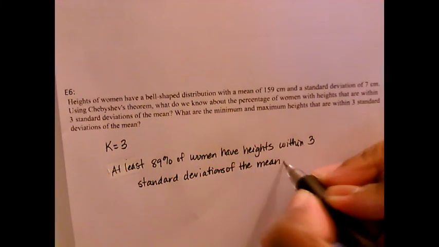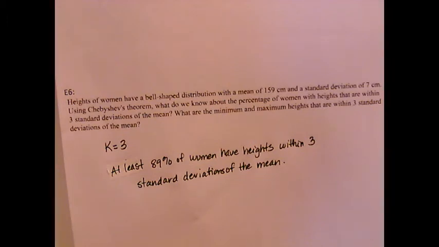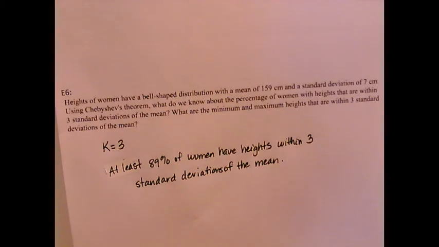And of course that mean is 159. But now we want the minimum and the maximum heights that are within 3 standard deviations of the mean.